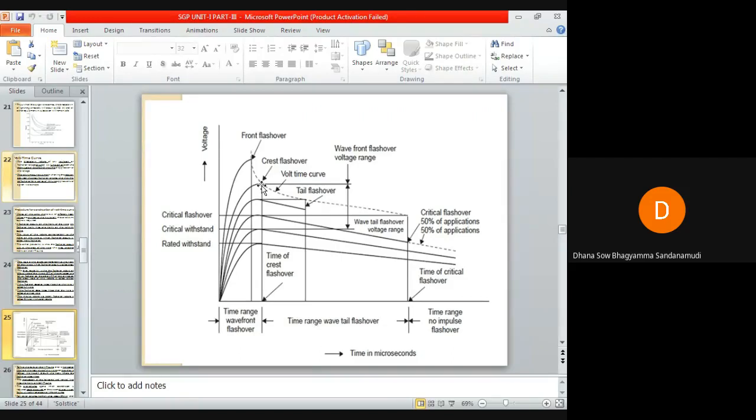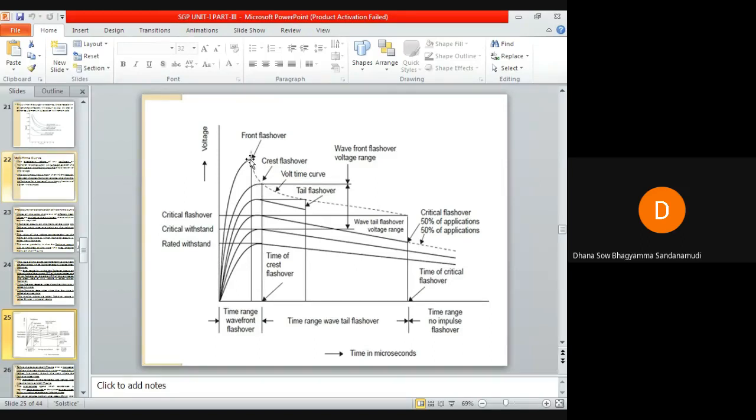Flashover has occurred at the peak value. Then the voltage at that point you will call the crest flashover voltage, and you just put a point at that point where flashover has occurred.